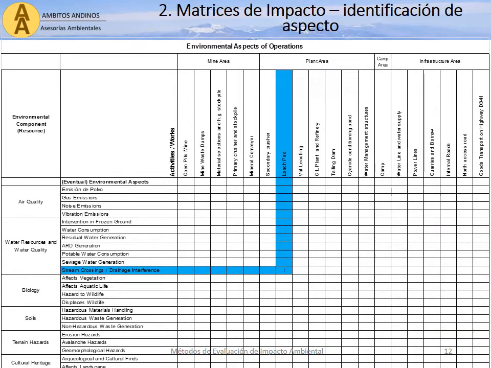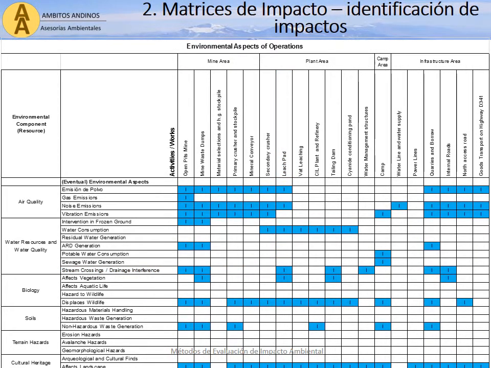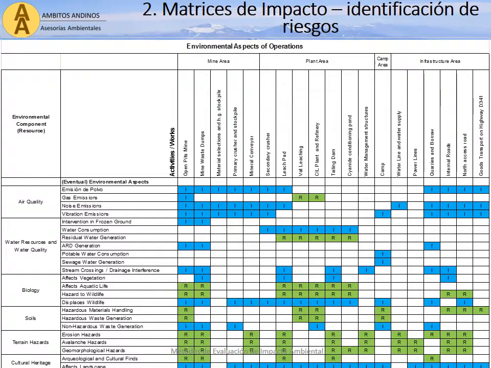Each activity or installation has at least one aspect that can give rise to an impact or risk. The matrix can be completed with all the potential impacts and all the risks. All the impacts and risks should then be evaluated either qualitatively or quantitatively.